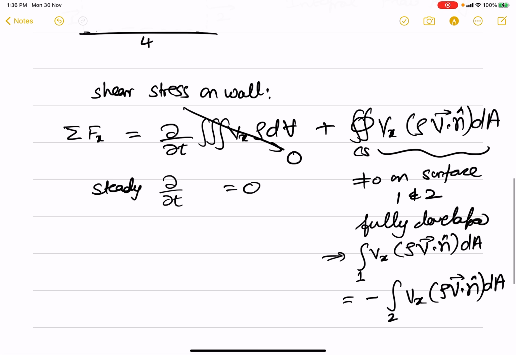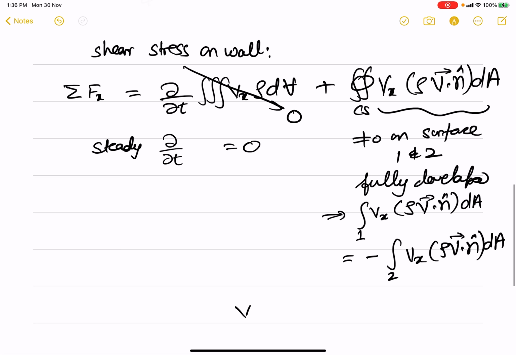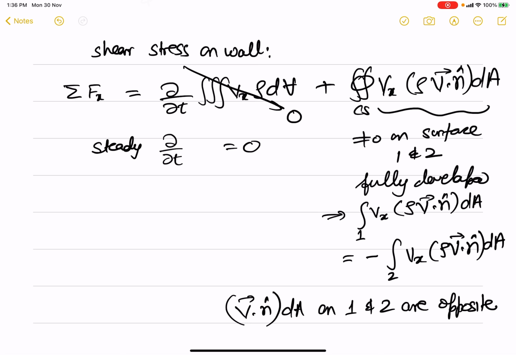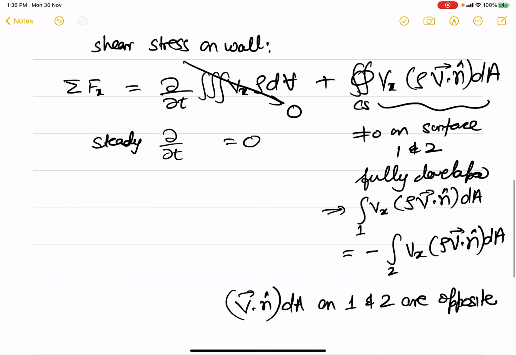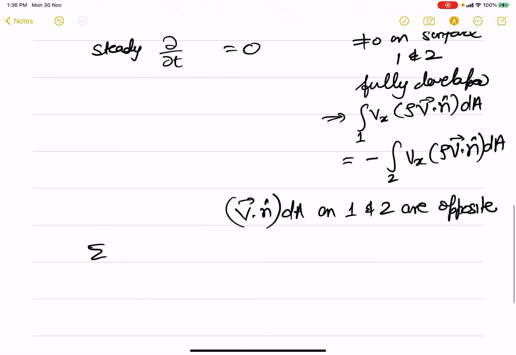This is because V dot n dA on 1 and 2 are opposite. One is plus and the other is minus. So therefore, the second term also becomes equal to 0, and what we get is sigma Fx is equal to 0.